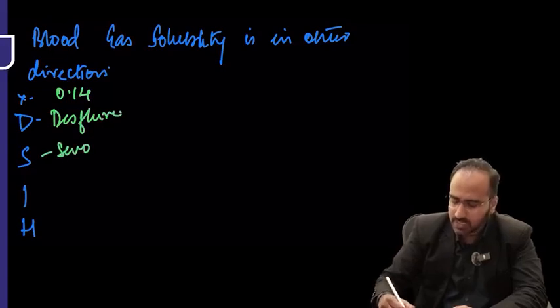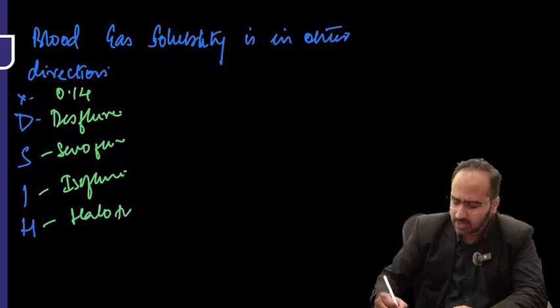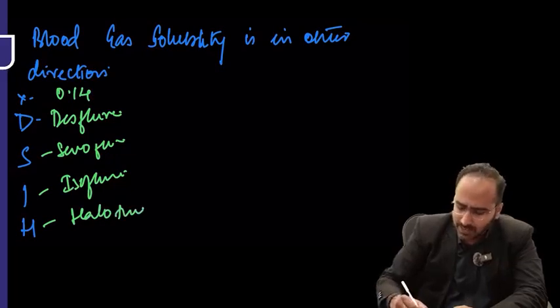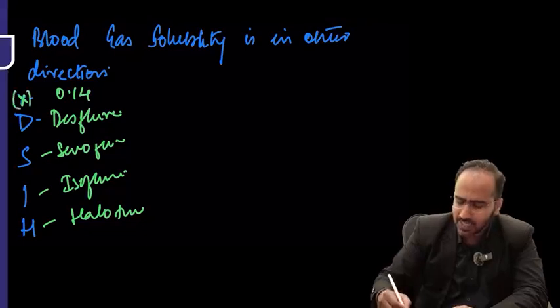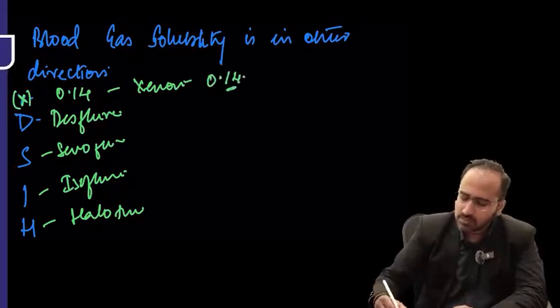S is sevoflurane. I is isoflurane. H is halothane. But here also you need to write a small x over here. X is for xenon, which is having a blood gas coefficient of 0.14.